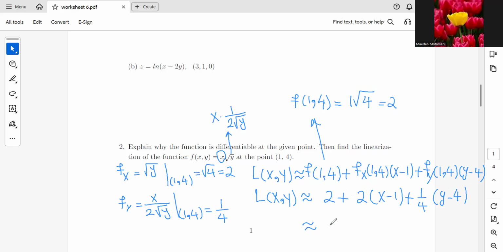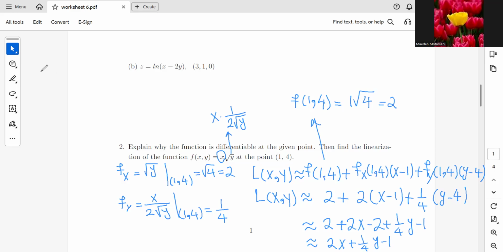So we can simplify this as 2 plus 2x minus 2 plus 1/4 of y minus 1, which will be 2x plus 1/4 of y minus 1 as the linearization function here at the given point (1, 4).